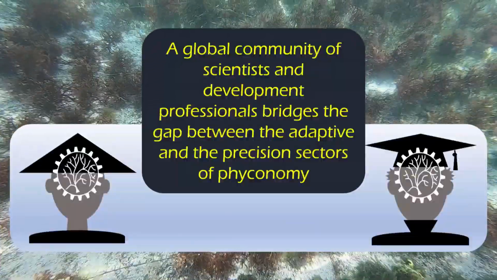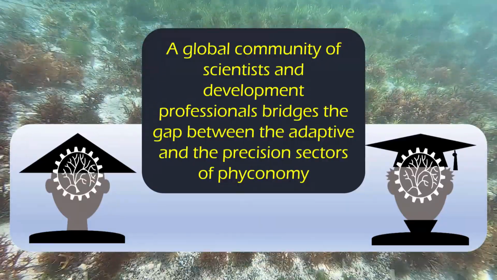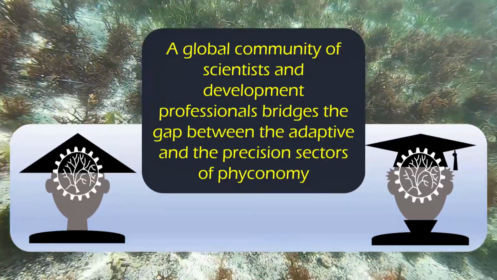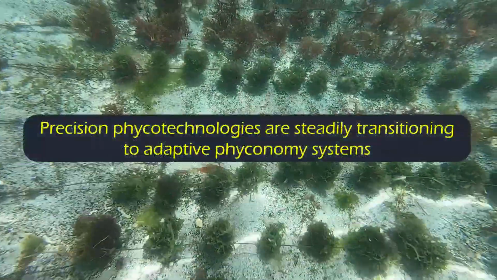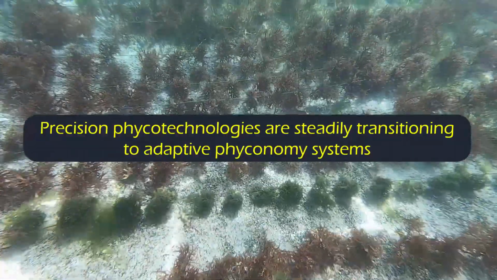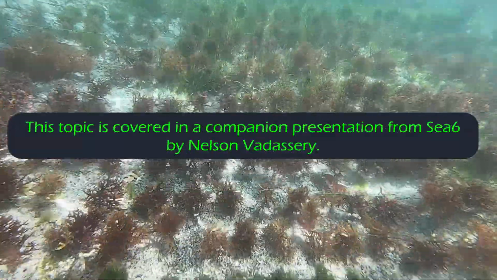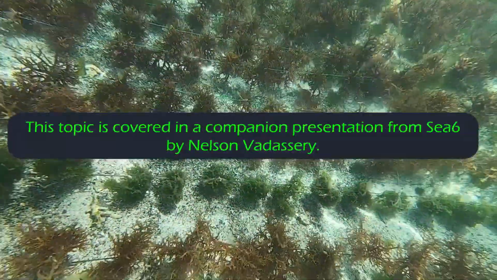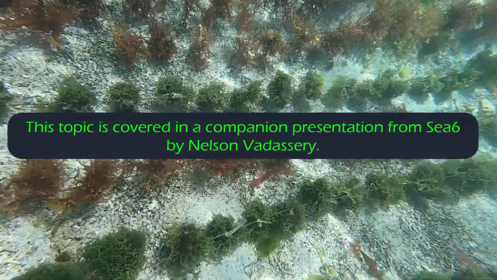A global community of scientists and development professionals bridges the gap between the adaptive and the precision sectors of phyconomy. Precision phycotechnologies are steadily transitioning to adaptive phyconomy systems. This topic is covered in a companion presentation to this one from my colleague at C6, Nelson Vadaseri.